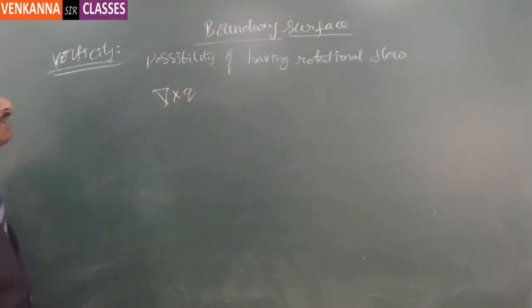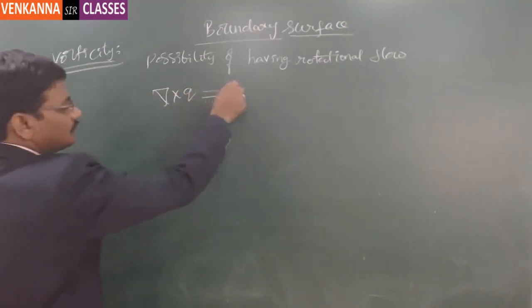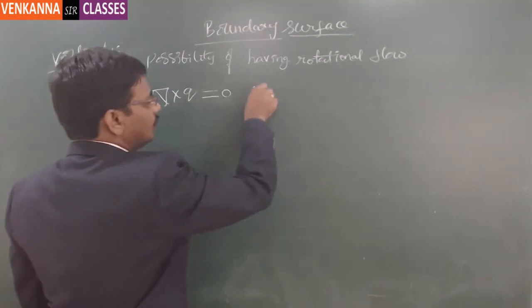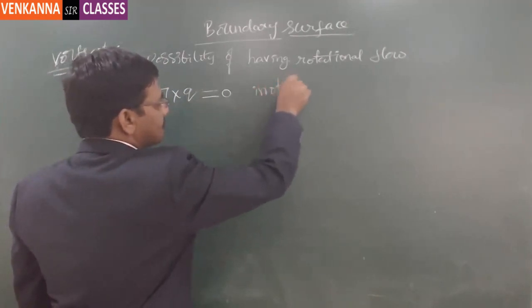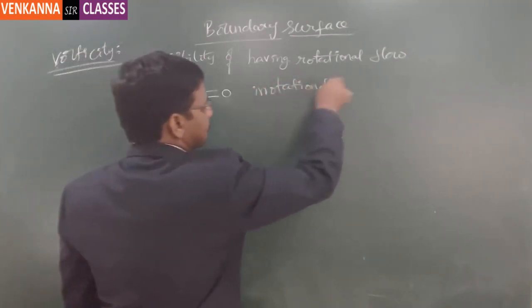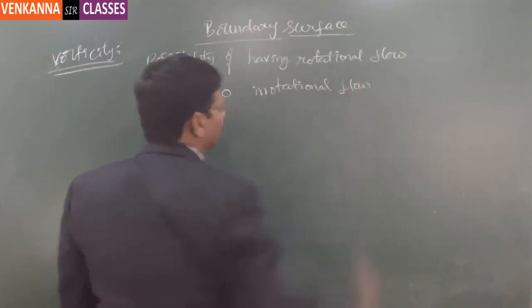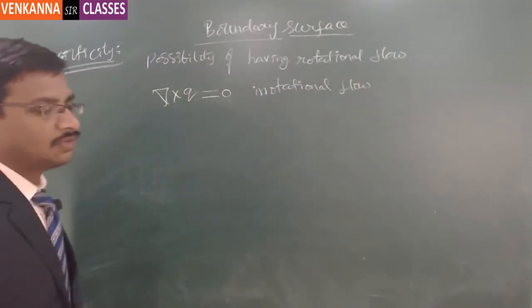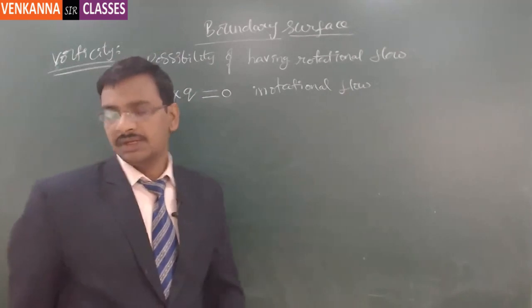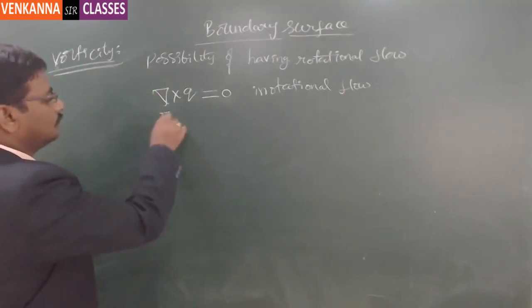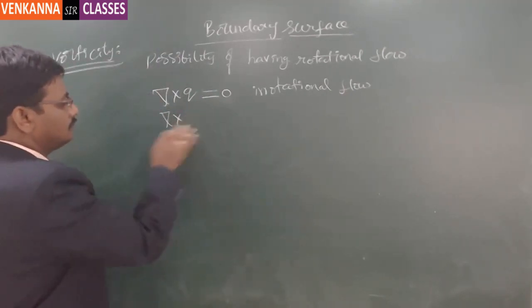As I explained earlier, if del cross q is equal to 0, then we say this is irrotational flow. What if it is not irrotational flow? That means there is a rotational component, so del cross q is not equal to 0.